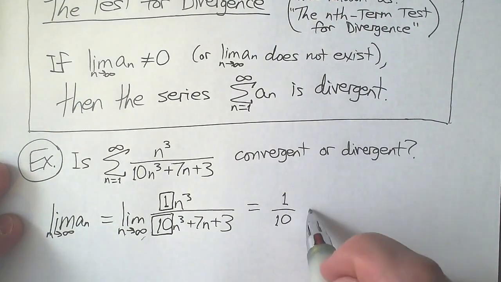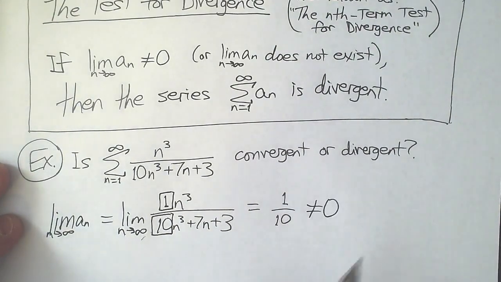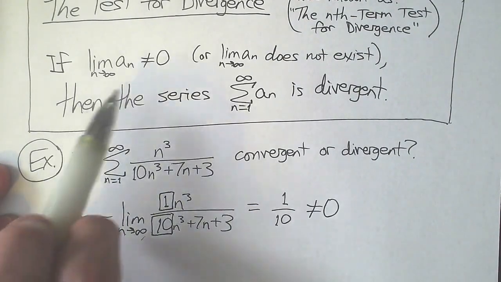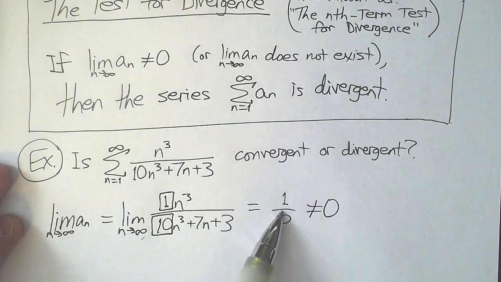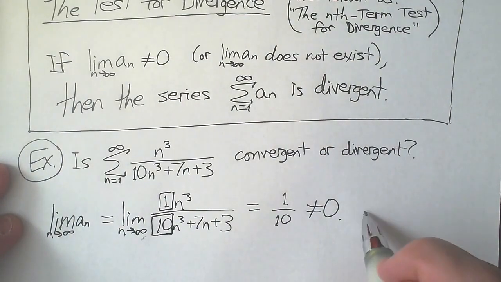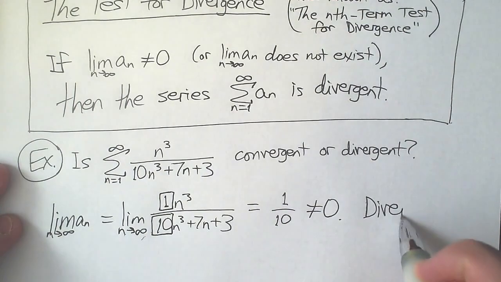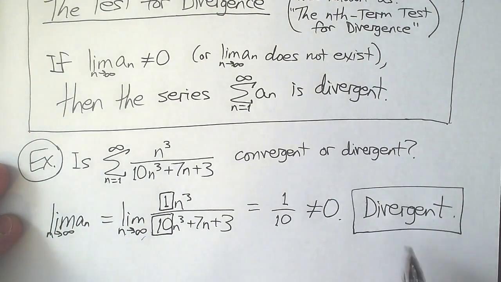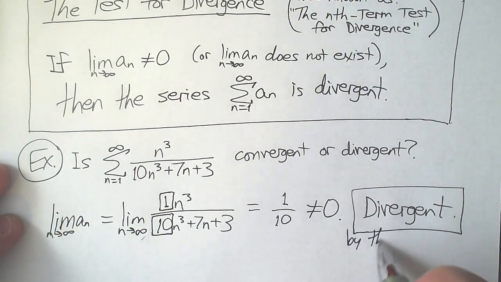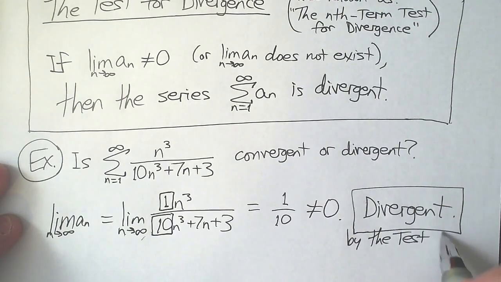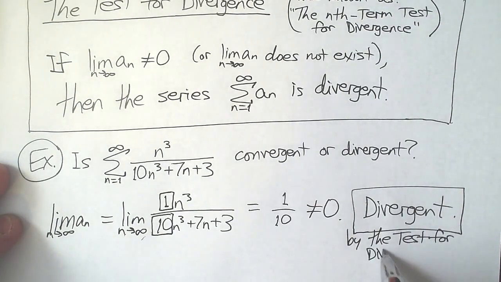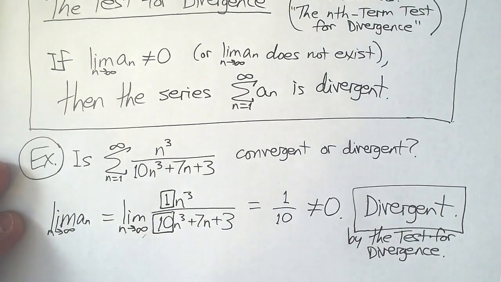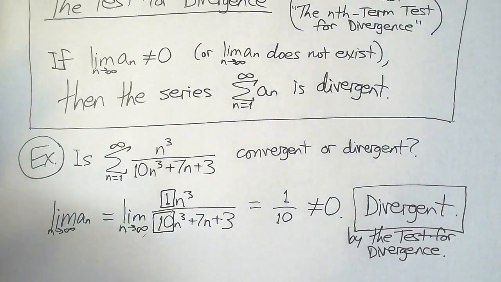And 1/10 does not equal 0. That's what I was checking: is this limit not equal to 0? Yes, it is not equal to 0, so the series is divergent, period. I'll say by the test for divergence. That way it's clear I'm justifying my answer. That's how I know it's divergent.